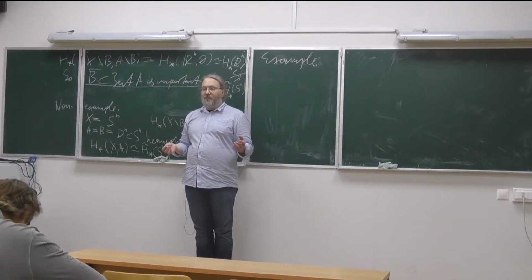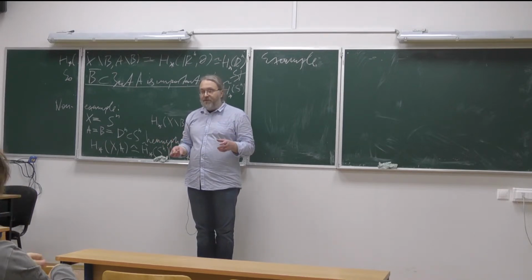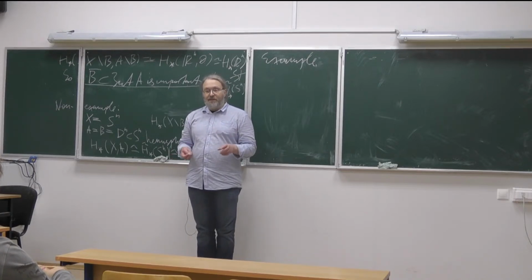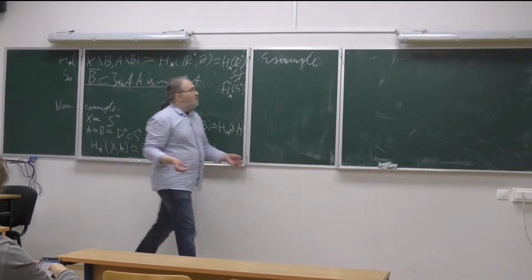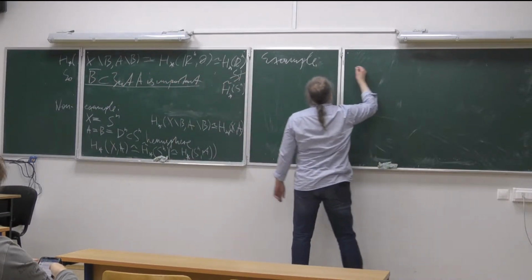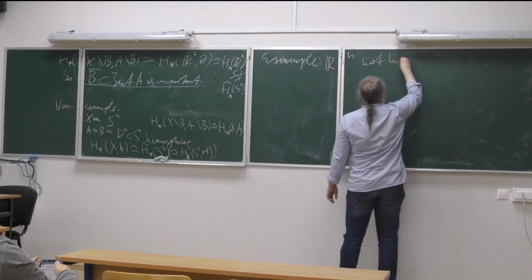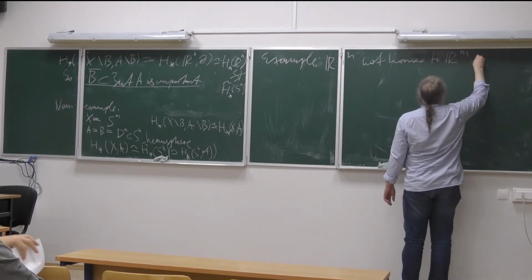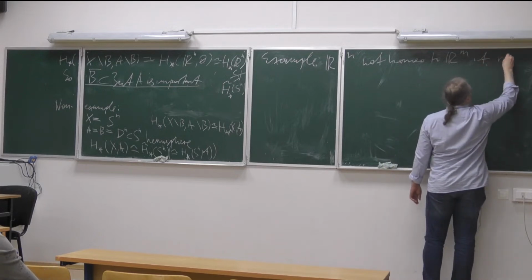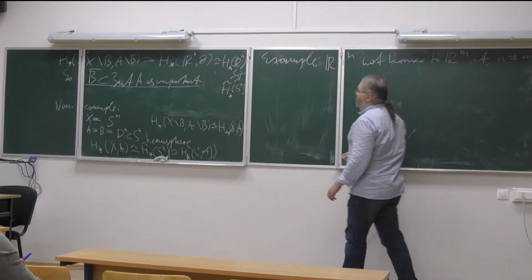Let's prove that Rn and Rm, the Euclidean spaces, are not homeomorphic unless m is equal to n.